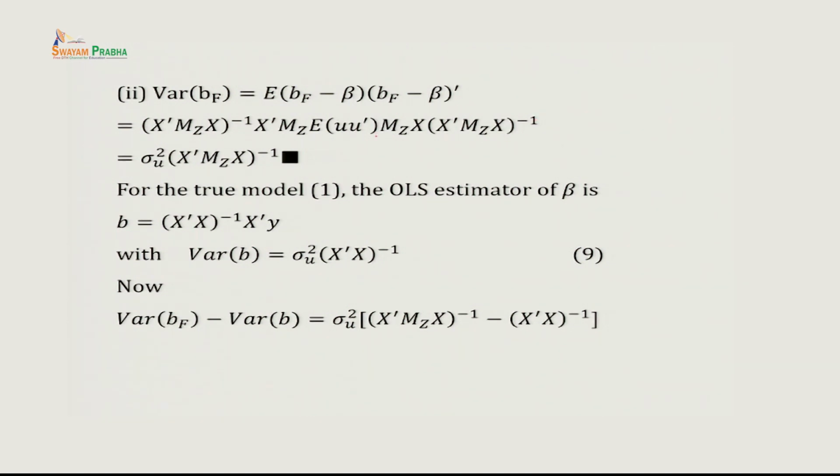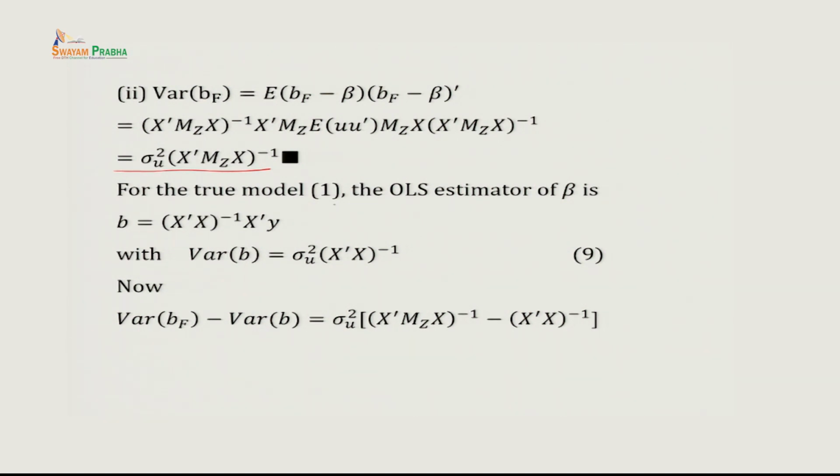Then expectation of u u transpose is sigma square u I n. So, finally, we obtain sigma square u x transpose m z x inverse here. So, this is the variance covariance matrix of B f.